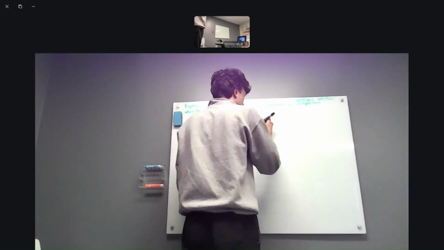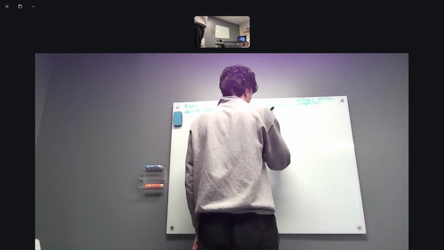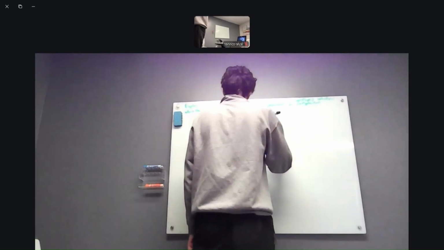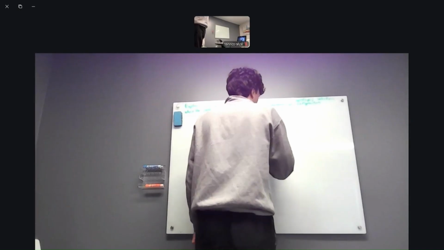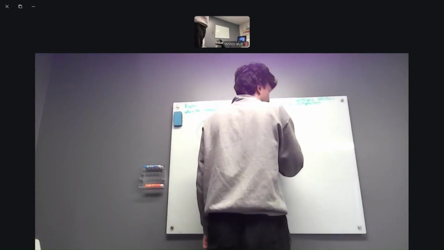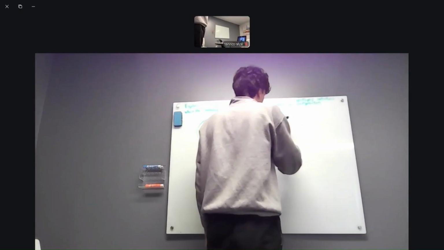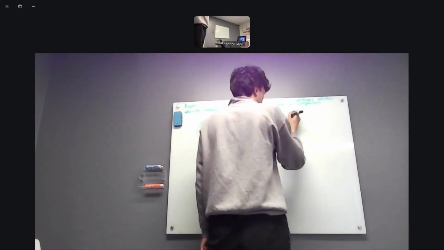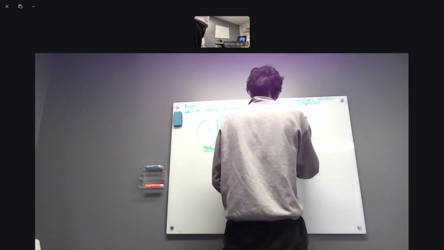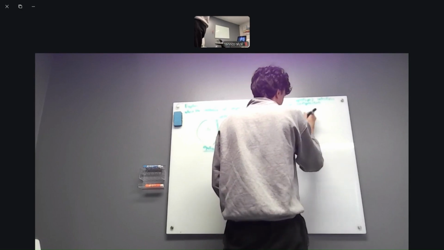The molar flux times the molar composition of Ya, or our vapor, times our change in enthalpy. And we can add that to the same thing with our molar flux and our liquid composition times our change in enthalpy.